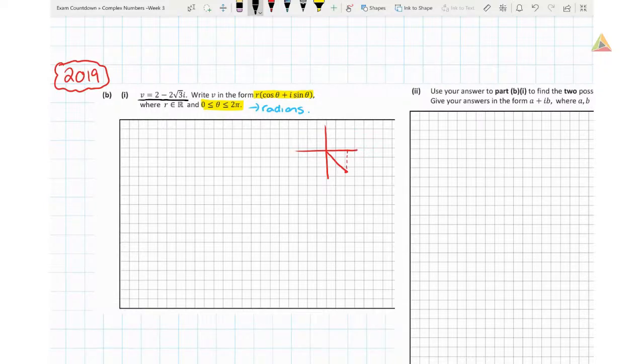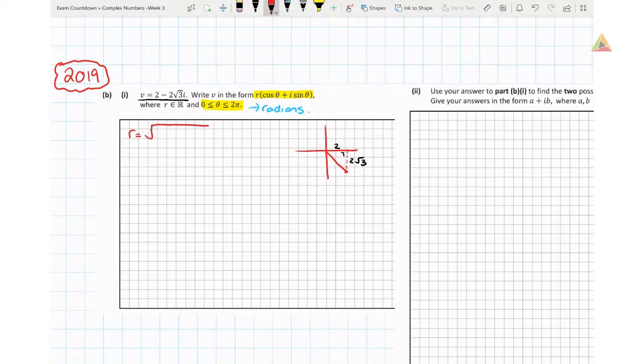I know that the distance across here is 2, and I know that the distance on the imaginary axis, just the distance, remember, is 2 root 3. It's minus because we're going down, but the distance is 2 root 3. Okay, it's a right angle triangle because I've made it that way, and my first job is to find R, which is my modulus.